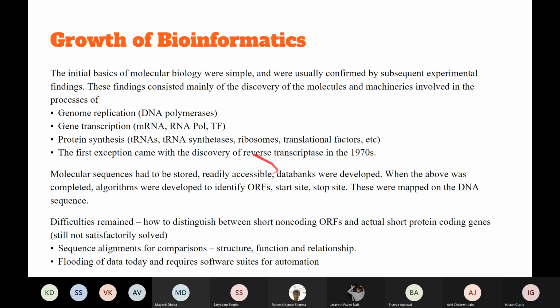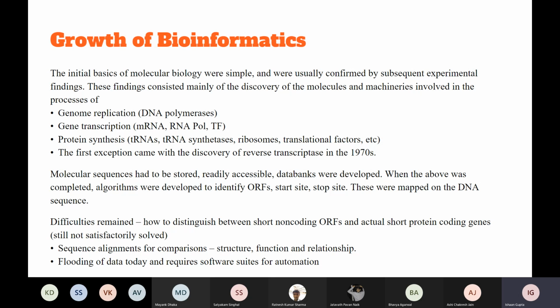And after this discovery, a lot of new technologies started to come up. After identification of these molecules and machineries, they started to identify and characterize them across the entire life kingdom, animal and plant.